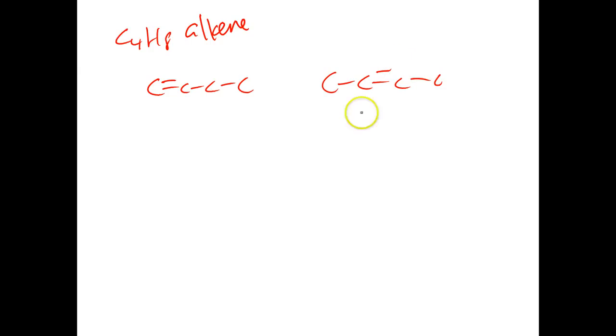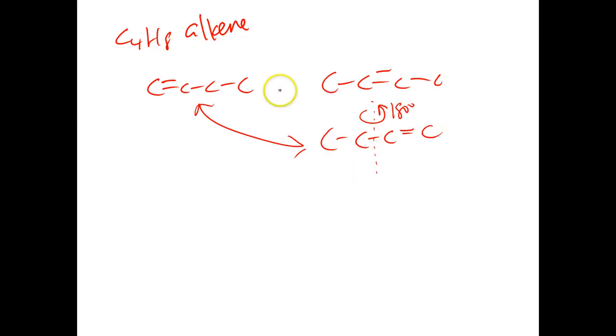If we shift it one more, this is what we get. But you realize this and this, they're actually the same carbon backbone. If I draw a dotted line here, and I do a 180-degree rotation, you realize that this actually flips around and it is same as this, right? So this and this are the same. So this is 1, this is 2.